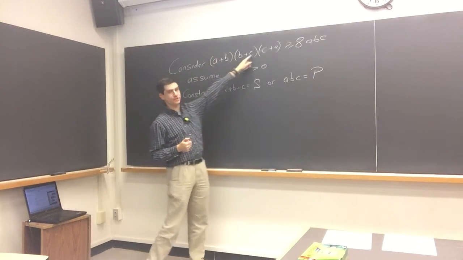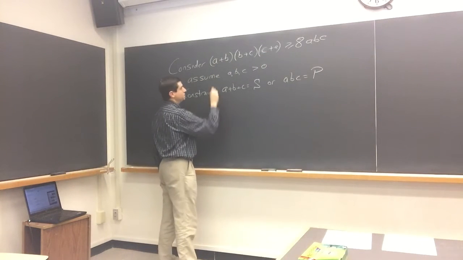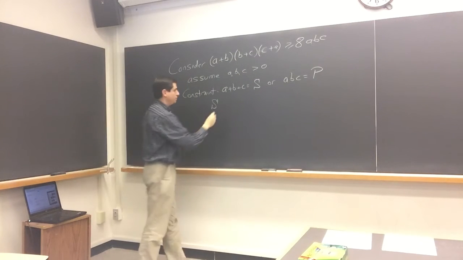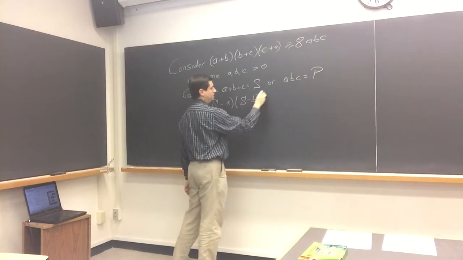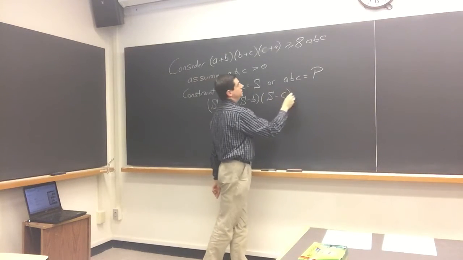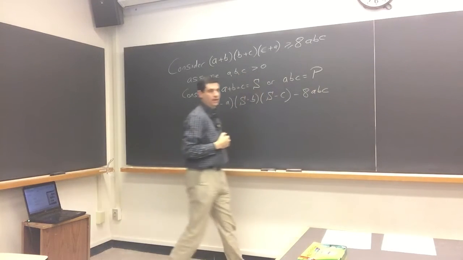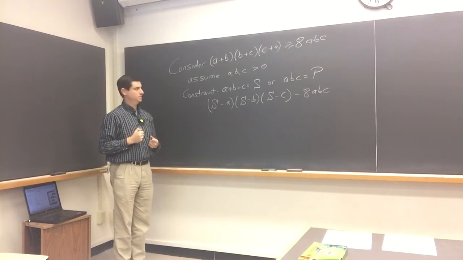We could actually rewrite this if we wanted to. We could rewrite this as (s minus c)(s minus a)(s minus b). So I could write this if I wanted as (s minus a)(s minus b)(s minus c) minus 8abc. And we want to try to figure out what's the smallest value this attains.